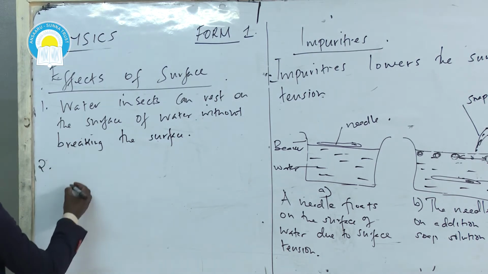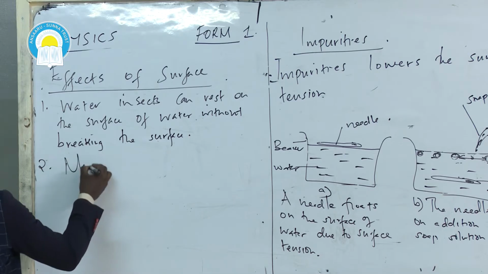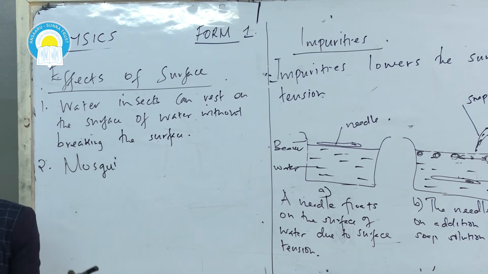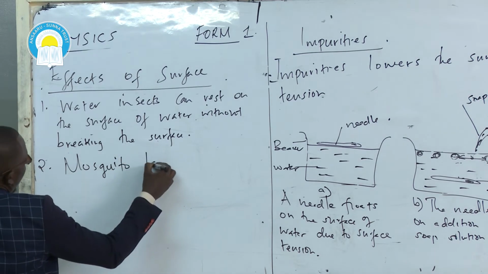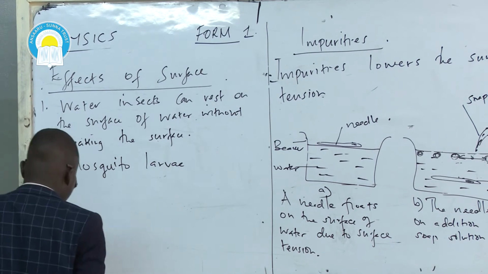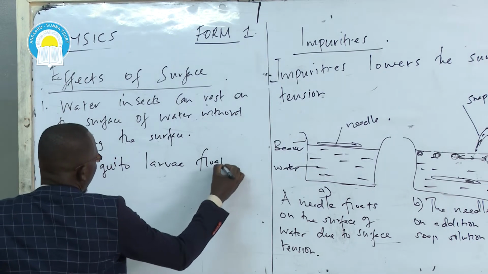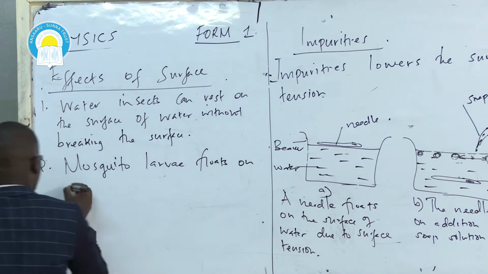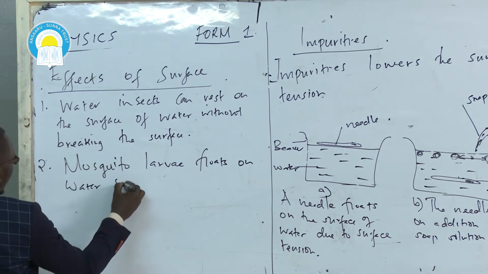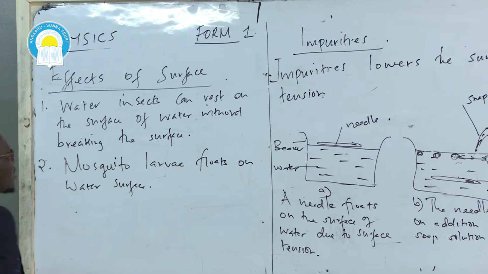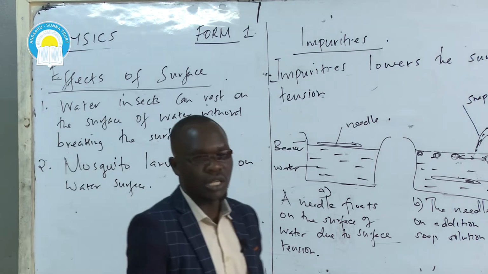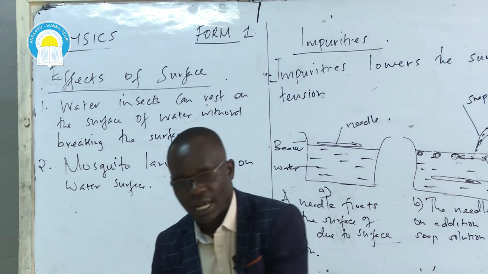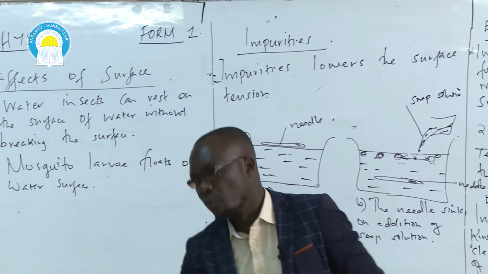Number 2, mosquito larvae float on water surface. I think these are common factors I've already talked about. We explained them, I talked about them earlier in our subtopic.